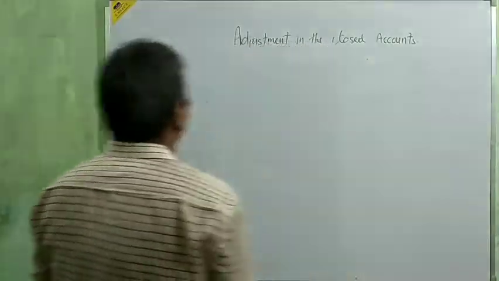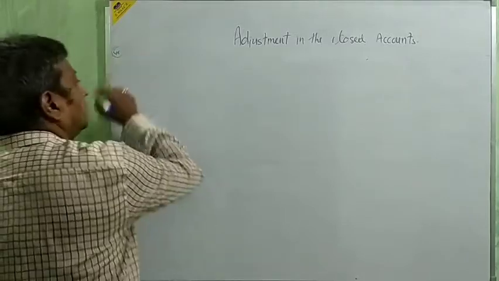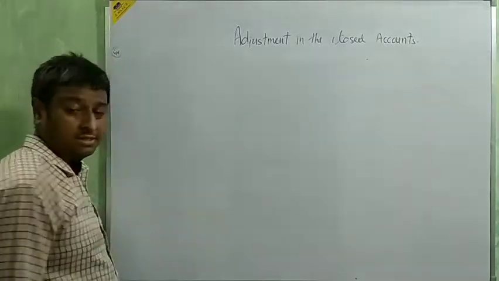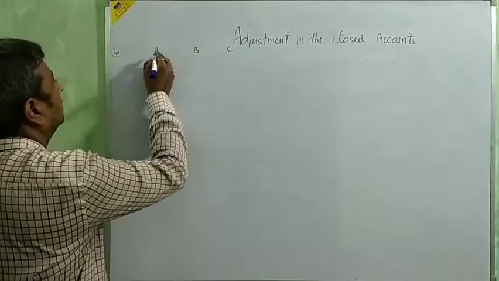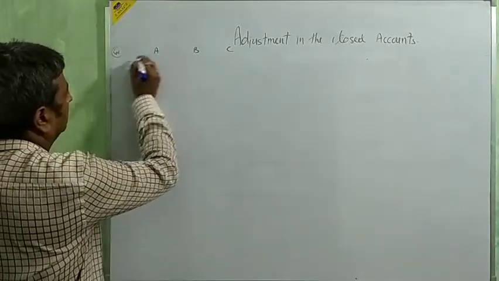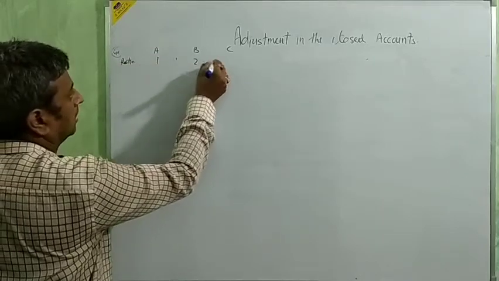Okay, question number 44. Then tell about the question. A, B and C are partners sharing profits and losses in the ratio of 1 is to 2 is to 3.